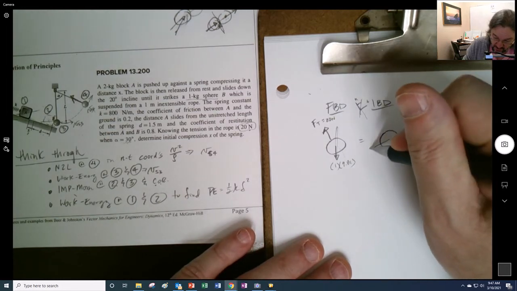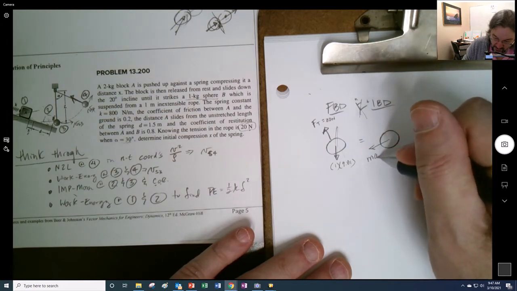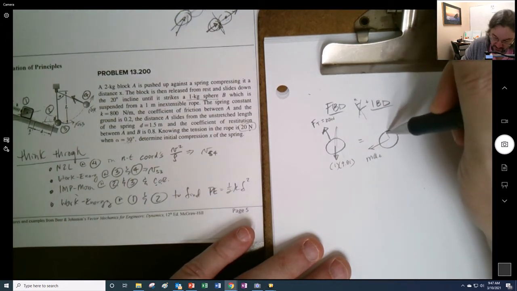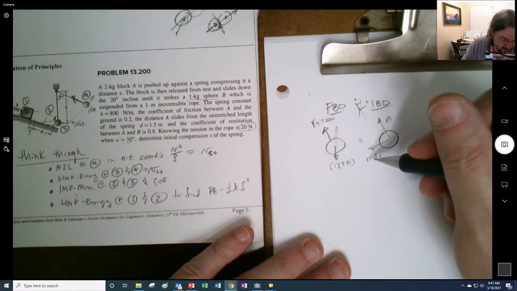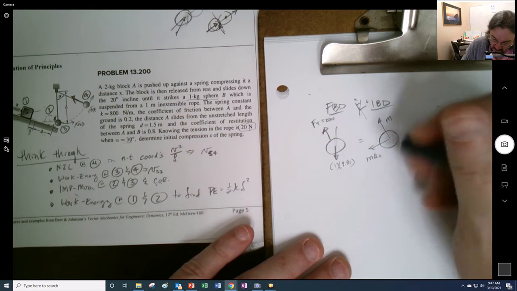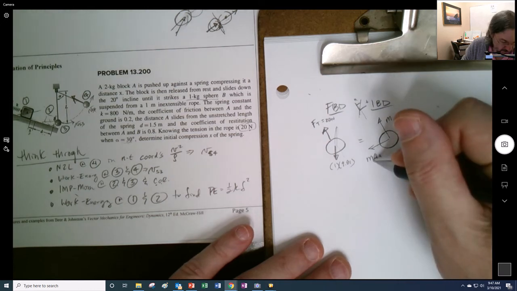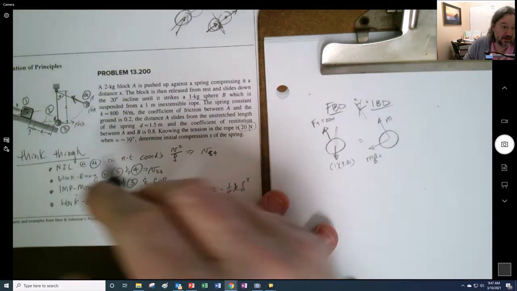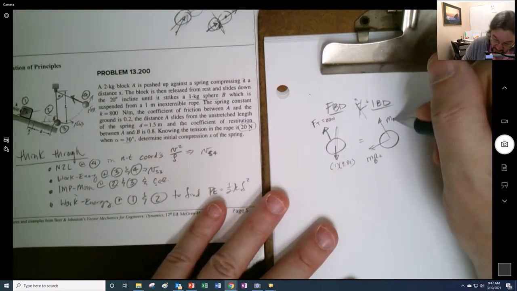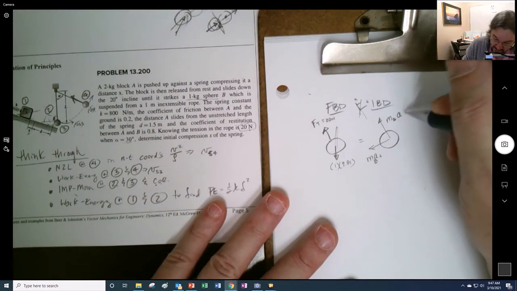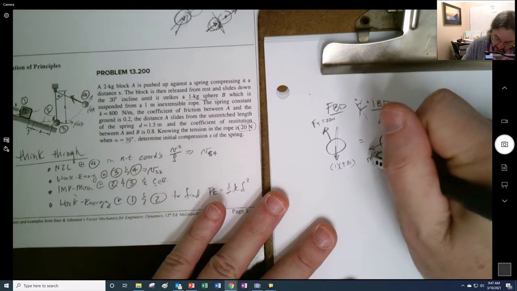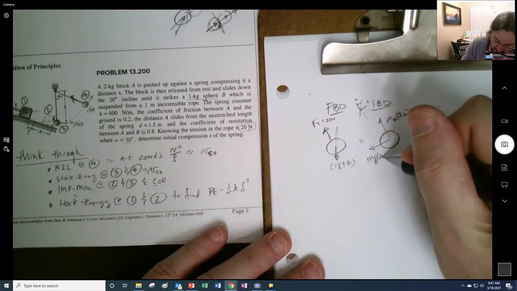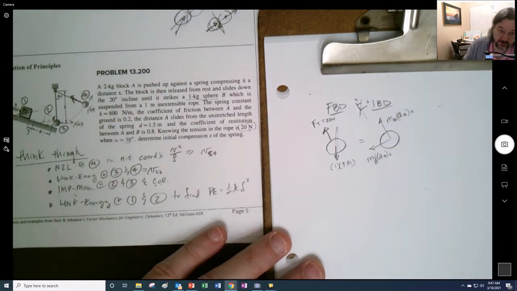It's probably in the tangential direction, but we hardly even care. Mass times, and this is the mass of the ball, which I will call the sphere. Oh, it is B. They labeled it B. So the mass of B times the acceleration of B in the normal direction. And if labeled correctly, this would have been the acceleration of B in the tangential direction.